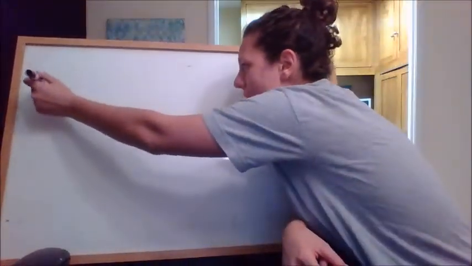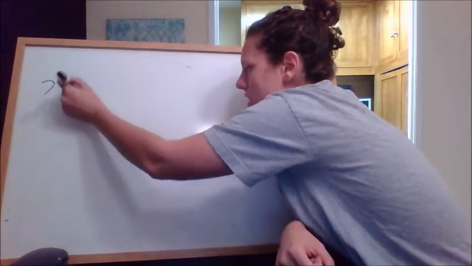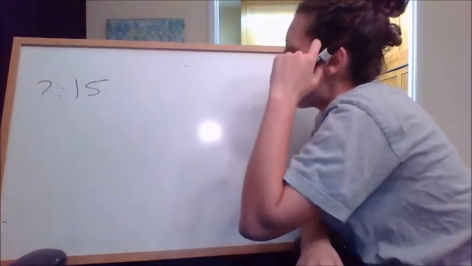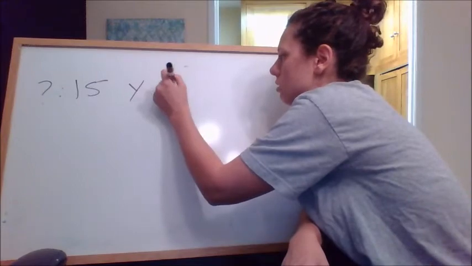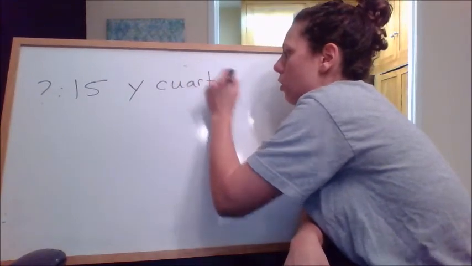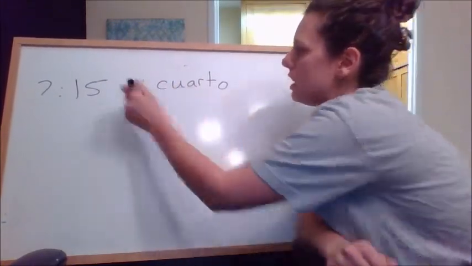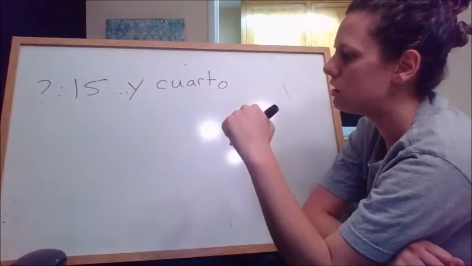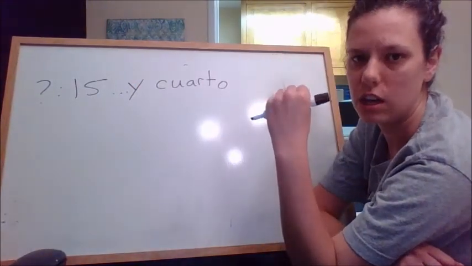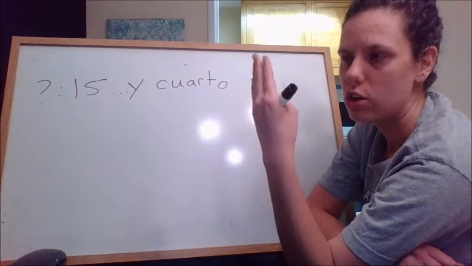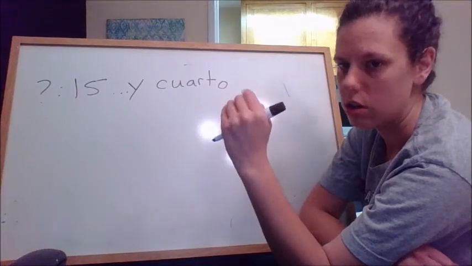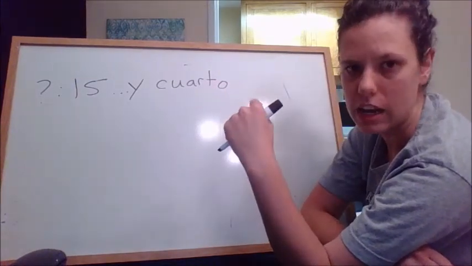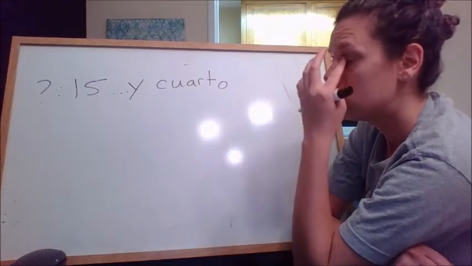remember that if you have an hour and then the minutes are 15, you have to say y cuarto. Because remember that there are four 15-minute sections in an hour. So that's divided into quarters. So one 15-minute section is a quarter, okay?